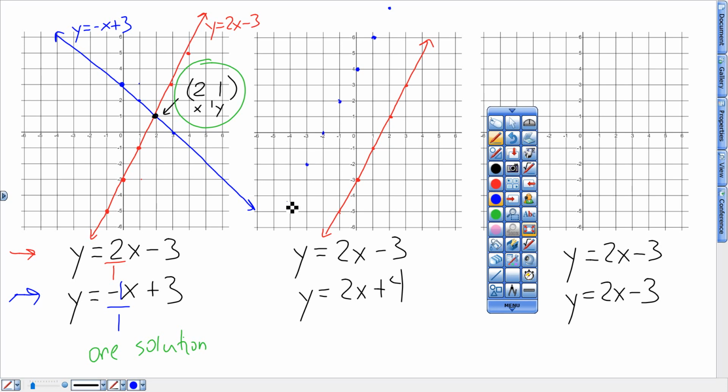You'll see that since they have the same rise and run, same slope, they will never touch. There'll never be a solution. This is that no solution look. Parallel lines never touch, never have a solution. Only where lines touch is there a solution.